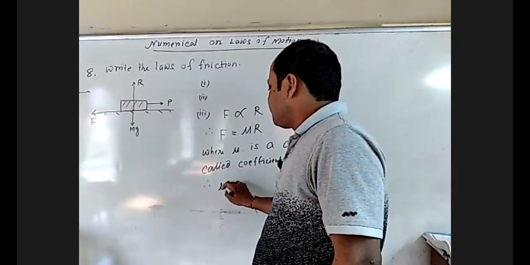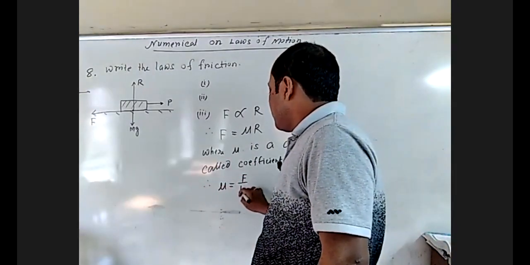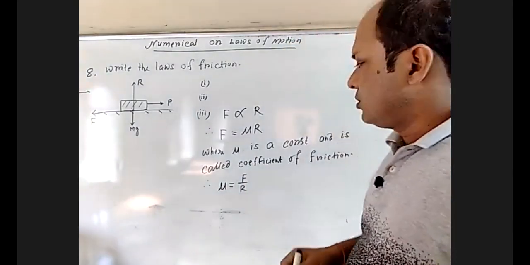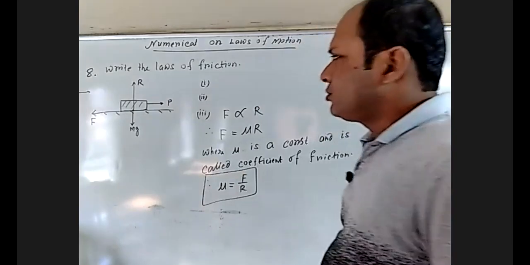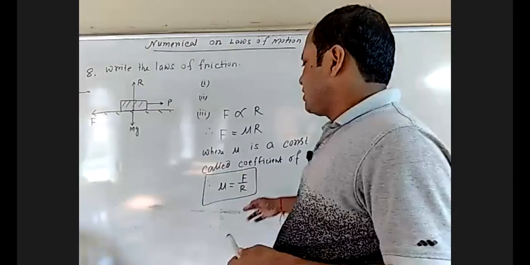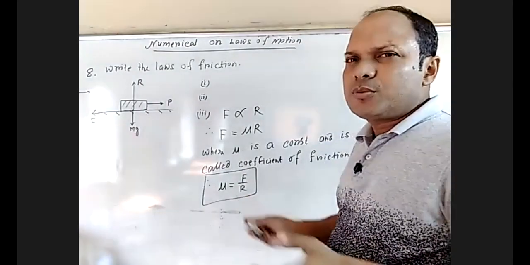Therefore, mu equal to F by R. This is a very important formula. Mind it. Mu equal to frictional force by normal reaction. The ratio of the frictional force and normal reaction is called mu.